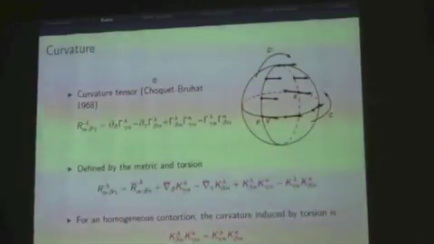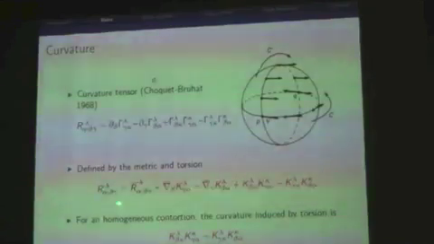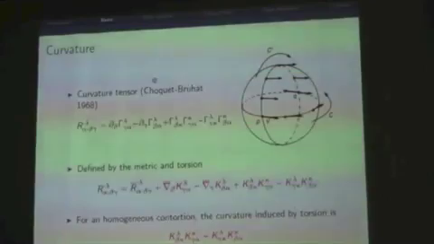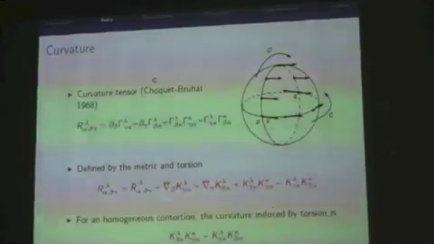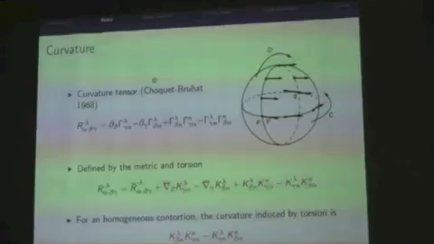If I write down all the terms of the curvature, what we observe is that in fact the total curvature of the medium, the generalized medium, is the classical Riemannian curvature plus some other terms. Here you see that these terms, the two red ones, are related to some spatial variation of the contortion.